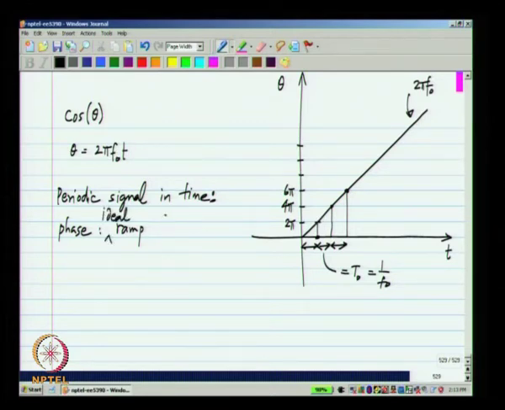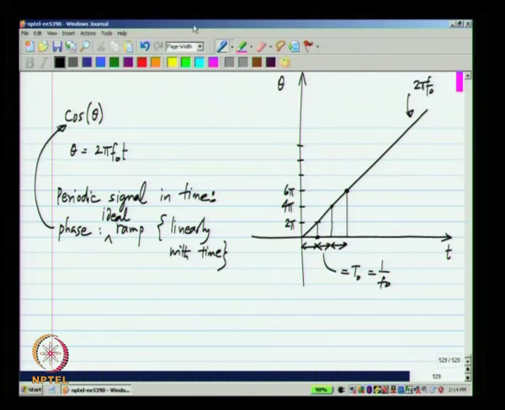The phase changes linearly with time, okay, and this phase is the phase of a periodic function such as cos theta. So, the resulting function will be periodic in time. Okay.